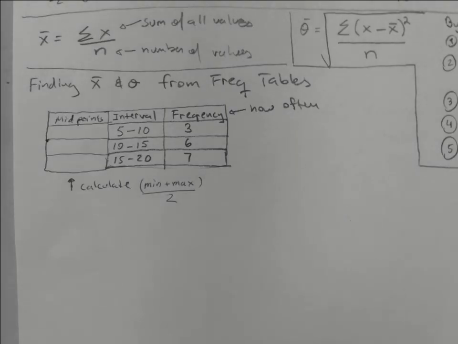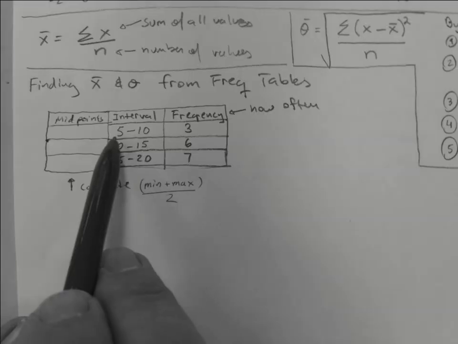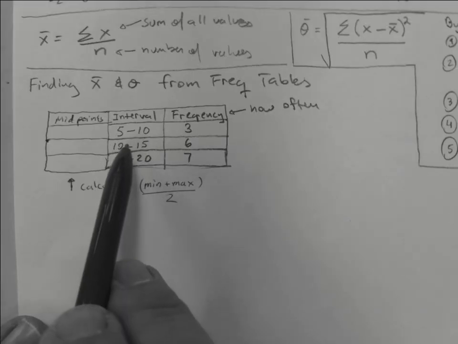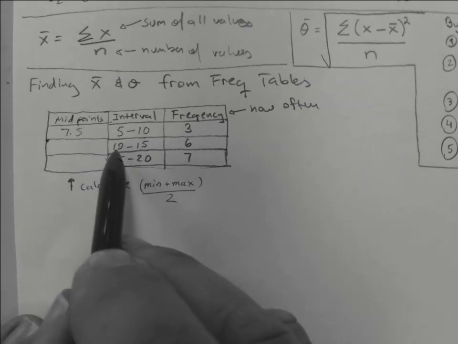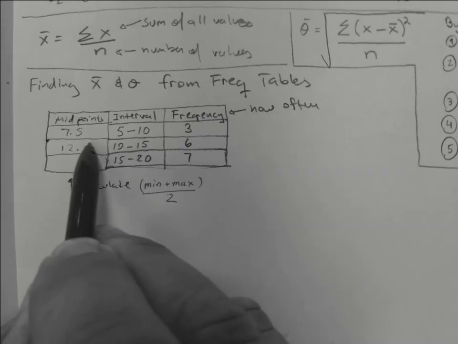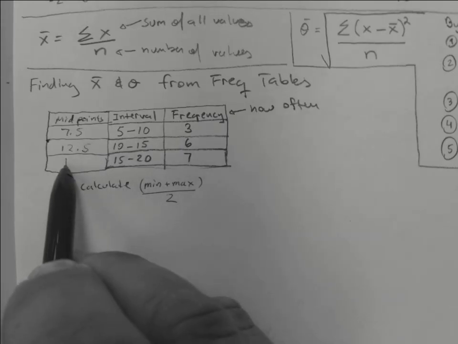And please check that when you do this. If you're like, oh, what? It's not in between these two. Like, I did something wrong. If you go 5 plus 10, that is 15 divided by 2. This is 7.5. Right? This would be 12.5. And this would be 17.5.